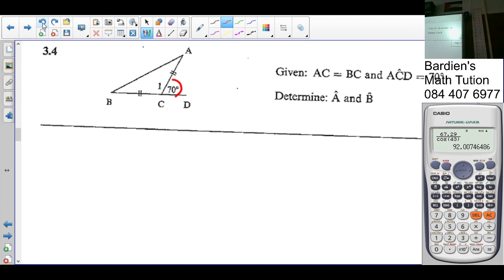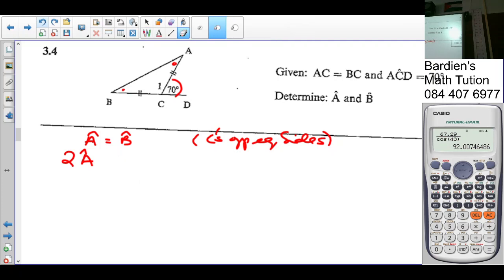So we're going to firstly say that angle A is equal to angle B. Why is angle A equal to angle B? Angles opposite equal sides. So we're going to calculate A: angle A plus angle B, which is also the same size as angle A, so you say 2A.